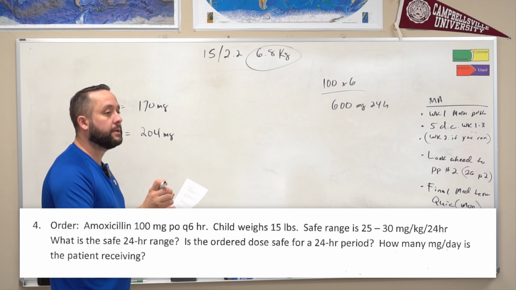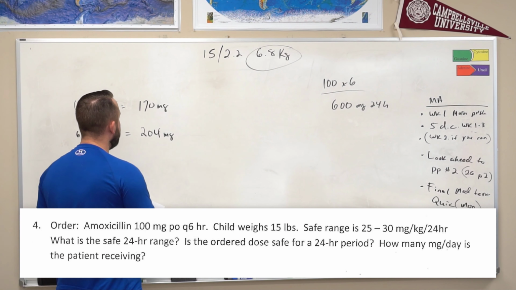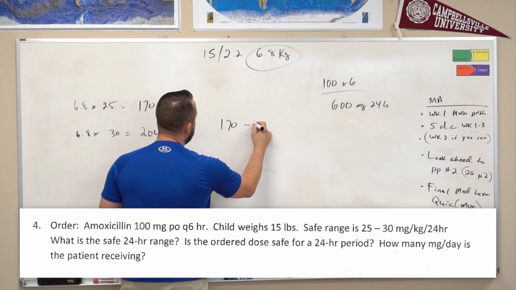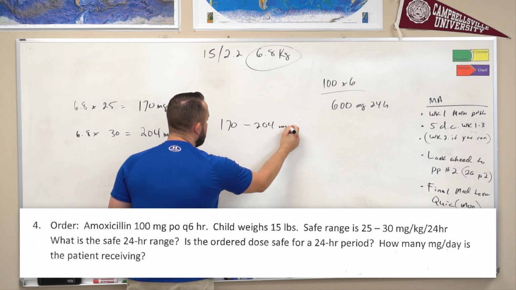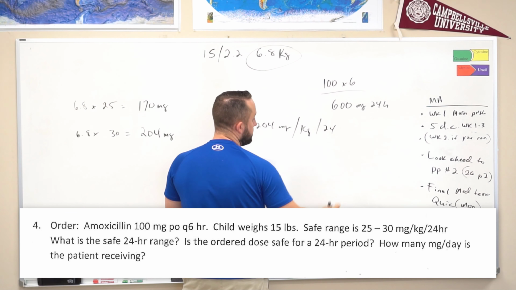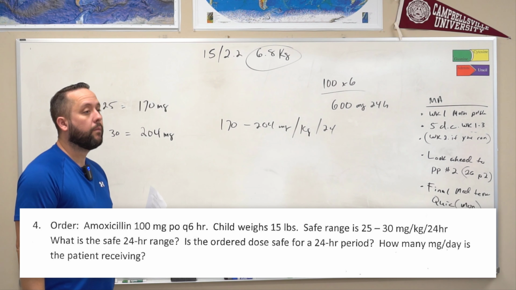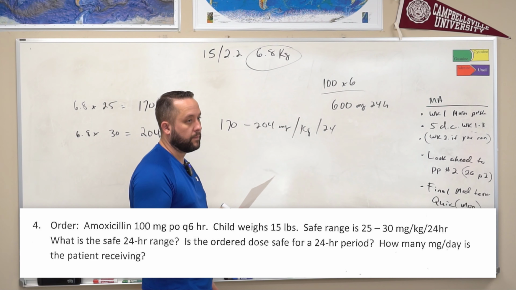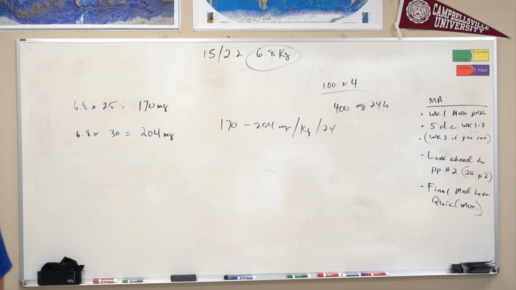So for this child alone, the safe range is 170 to 204 milligrams in 24 hours. See what I did there? What else, Melissa?